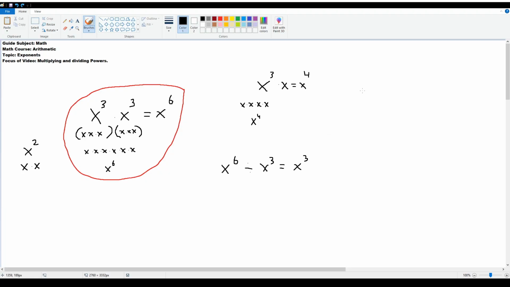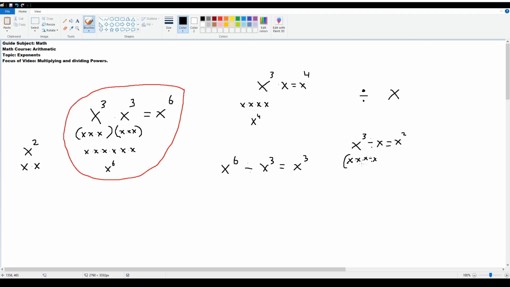And so the key thing to remember is that division is the opposite of multiplication. So they're opposites of each other. So, for example, if we say, well, what's x cubed divided by x? Well, that's going to be x squared. Because think about it. That's x times x times x and then divided by x.